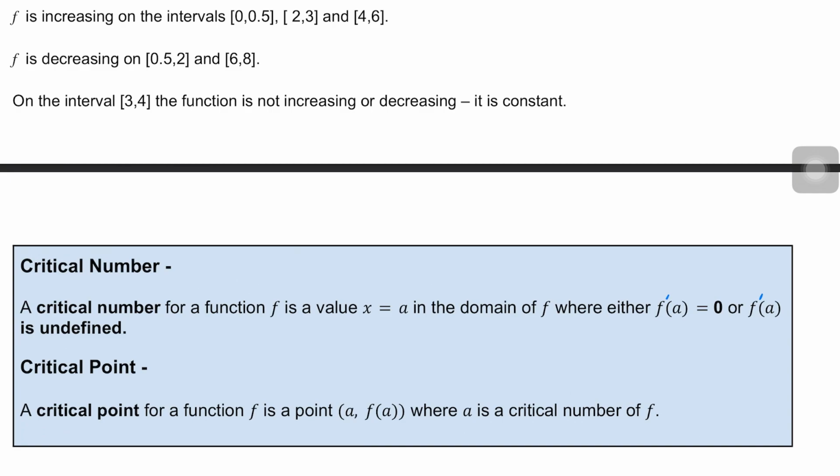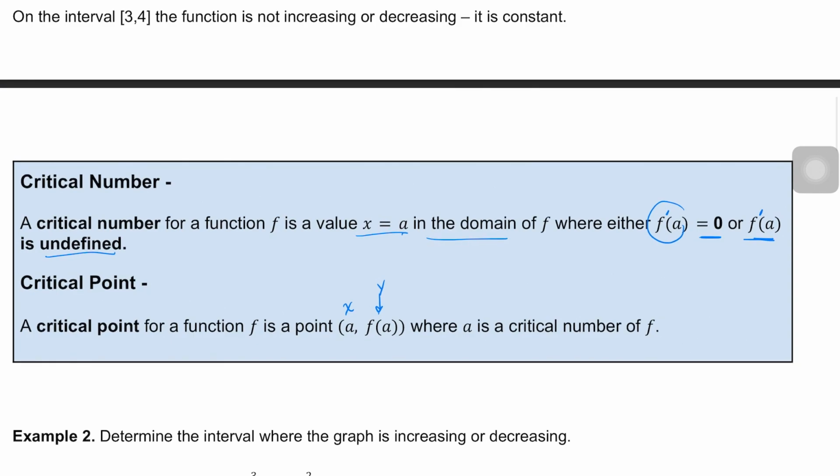A critical number of a function f at a value a in the domain: you have a critical number if f prime of a gives you 0 or f prime of a is undefined. A critical point of a function is then going to be the x value with the f of a value, right? So this is an actual f of a. This is your y value. So that's going to be a critical number.